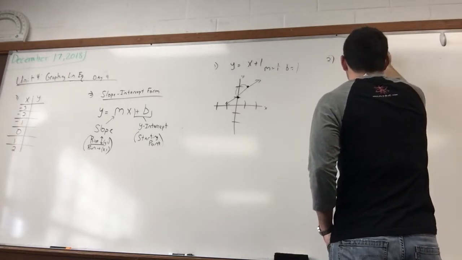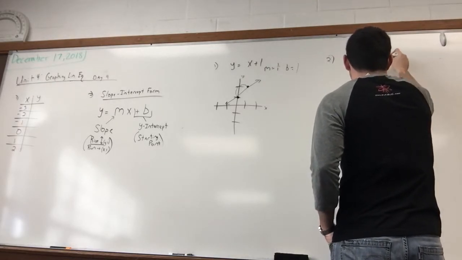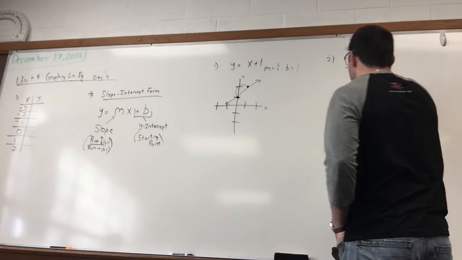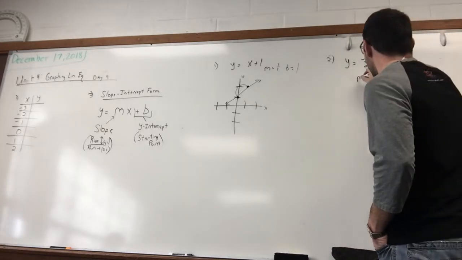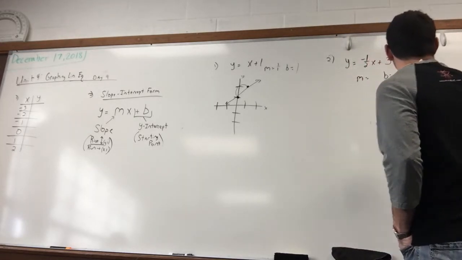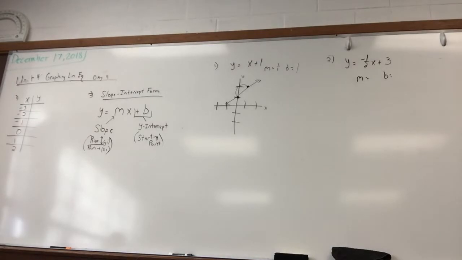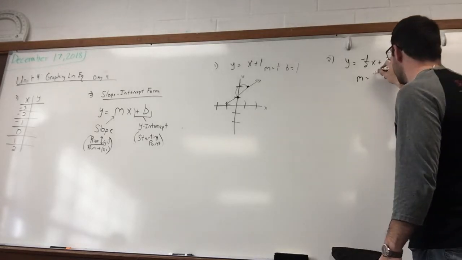Okay, we've seen that. We've also seen graphs like this. Y equals negative 1/2 x plus 3. And we say, okay, m equals, b equals. Swill, what's my m in number 2? Negative 1/2. Good.